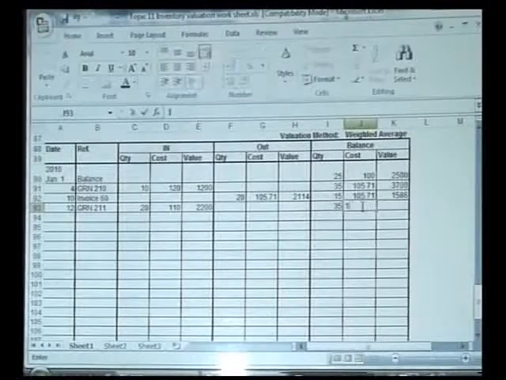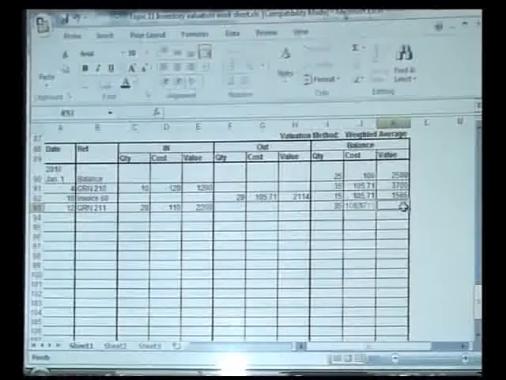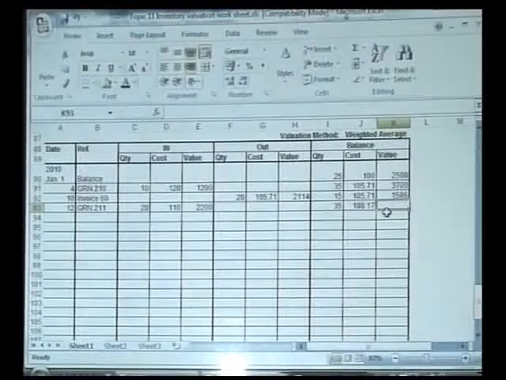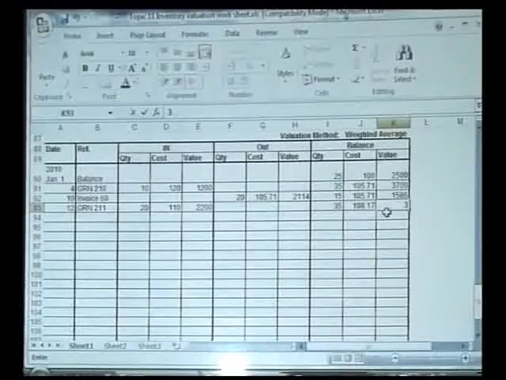That is the price to be used, the cost to be used for calculation of closing stock. Then how much is it? 3786.